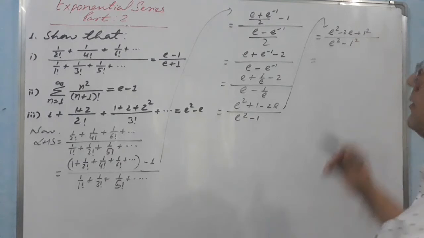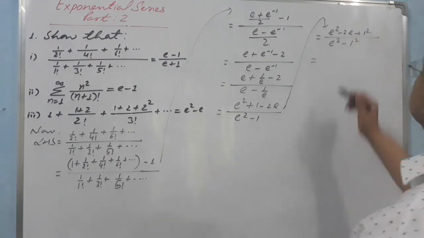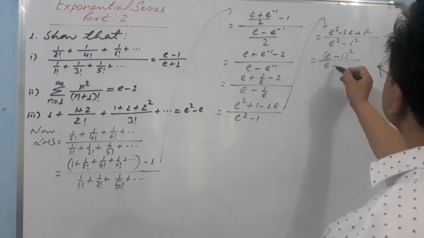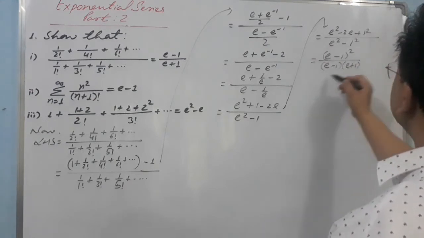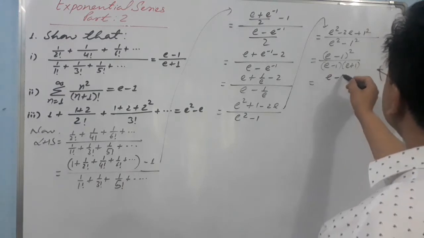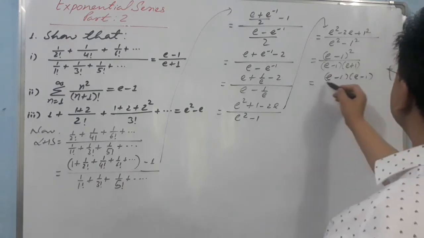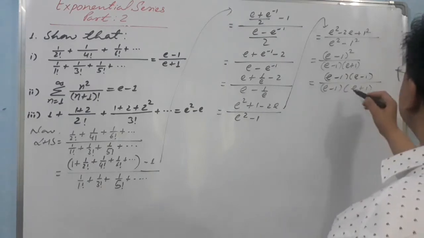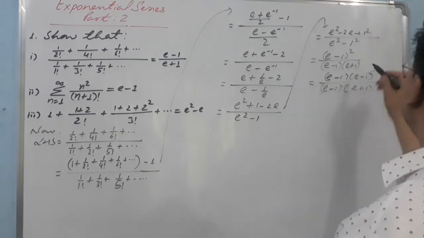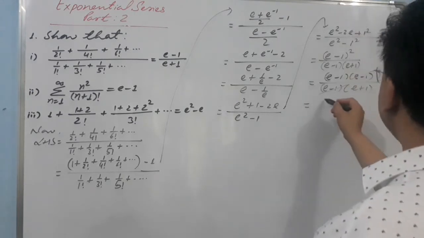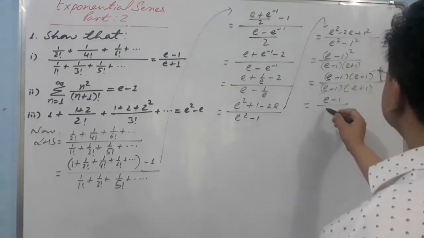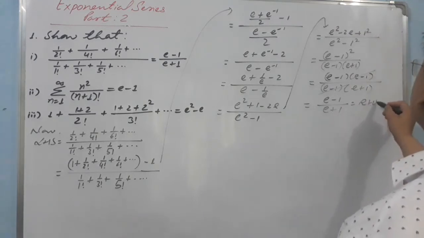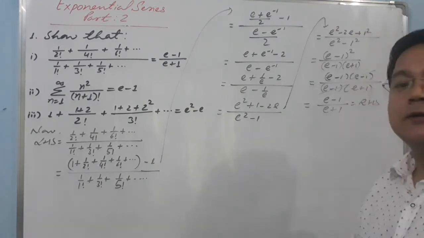Now this is in the form of a^2 - 2ab + b^2, so we can write (e - 1) whole square, and here (e - 1)(e + 1). So (e - 1)(e - 1) upon (e - 1)(e + 1), right? Now they can be cancelled, and finally we have (e - 1)/(e + 1), which is your right hand side. This way we can prove.